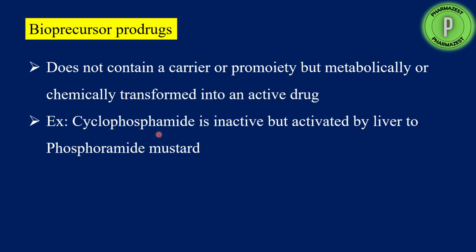For example, cyclophosphamide. This cyclophosphamide is inactive, but when it enters into the body, the enzymes which are present in the liver act upon this cyclophosphamide and convert it into phosphoramide mustard, which is the active form of the drug.